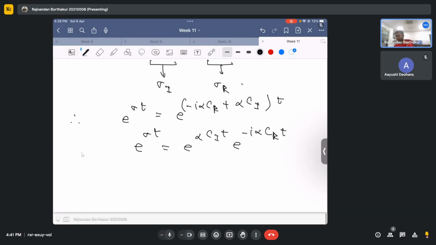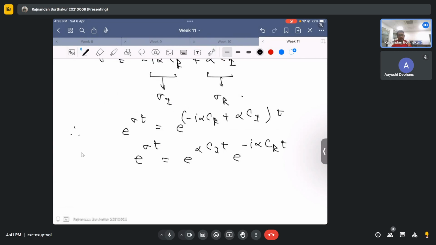So now, what is the condition for stability based on this? If c_i is greater than 0, it is growing. Exactly. So c_i greater than 0 is the condition for instability, and c_i less than 0 is the condition for stability.